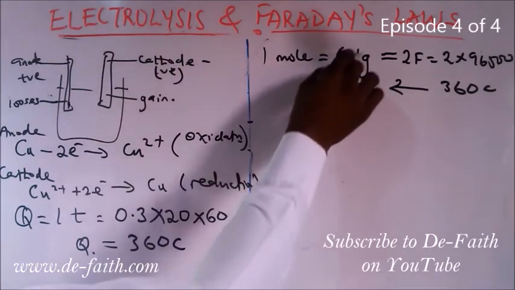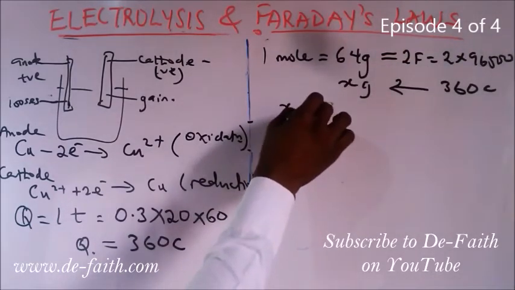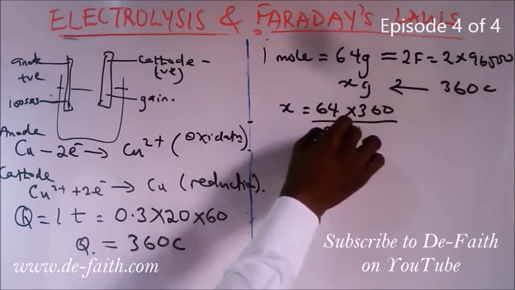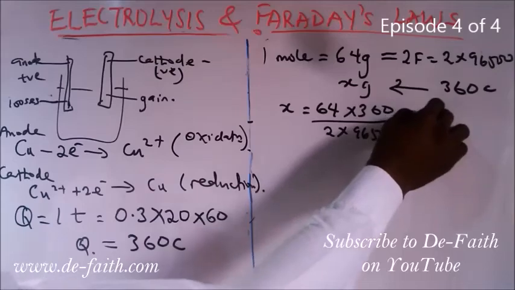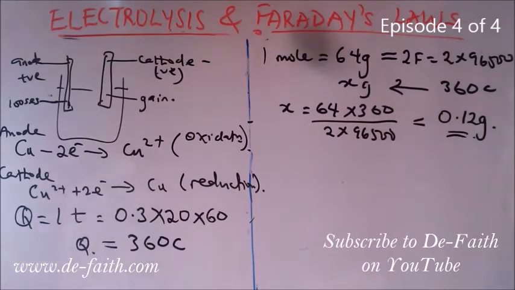And so we are relating the mass to this. So we have that x equal to 64 times 360 over 2 times 96,500. And so this will produce 0.12 gram. Hence, this is the mass that will be deposited. And where is it deposited? It will be deposited at the cathode.